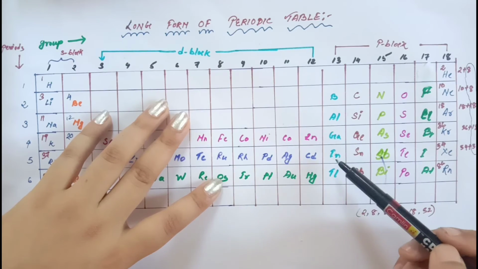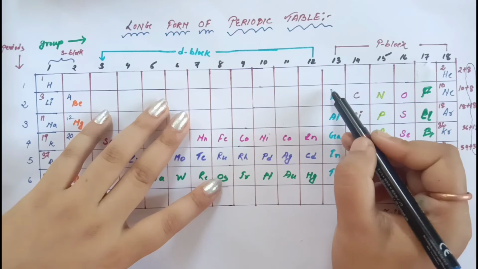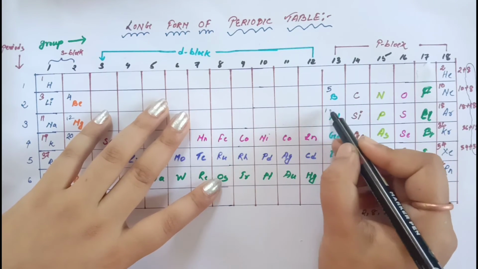See, in case of group 13 elements, if we know the atomic number of the first element, then we can also calculate the atomic number of other elements. Okay. So atomic number of boron is 5. So 5 plus 8 is equal to 13.